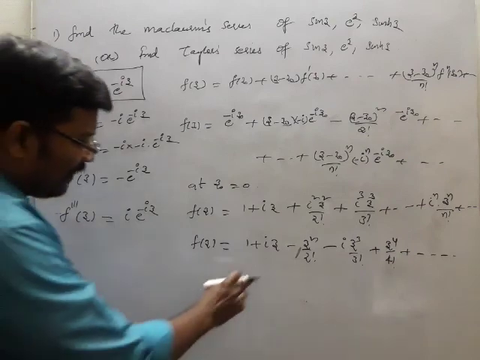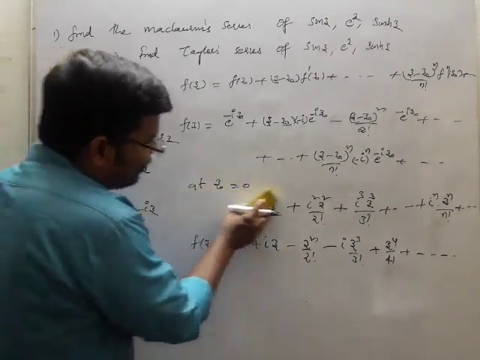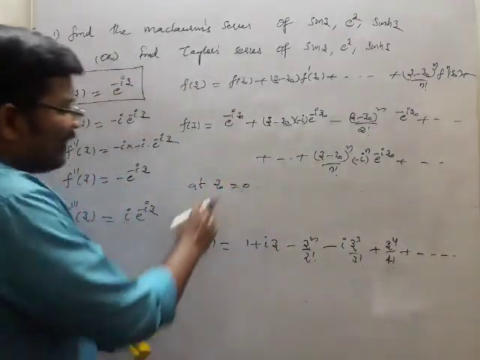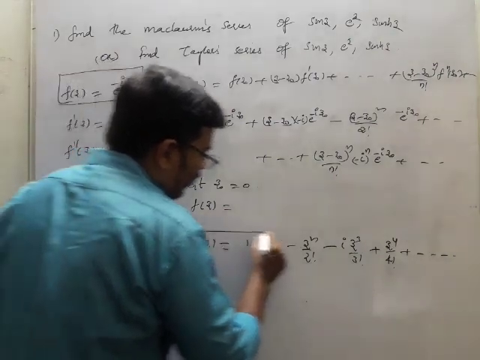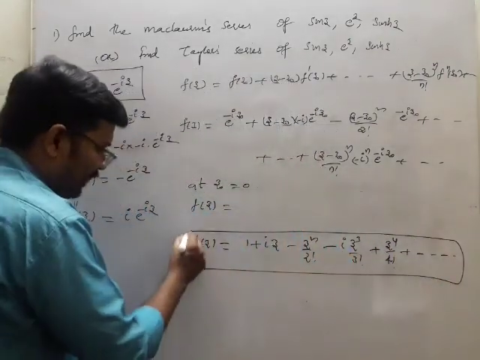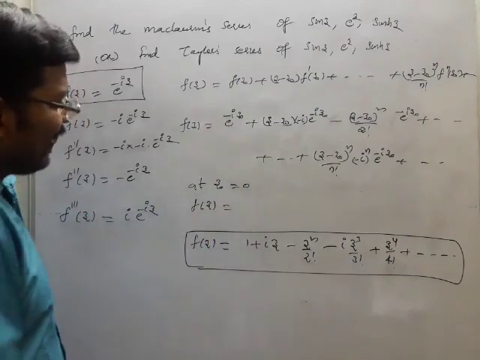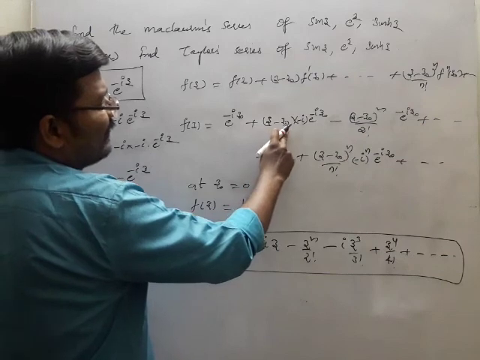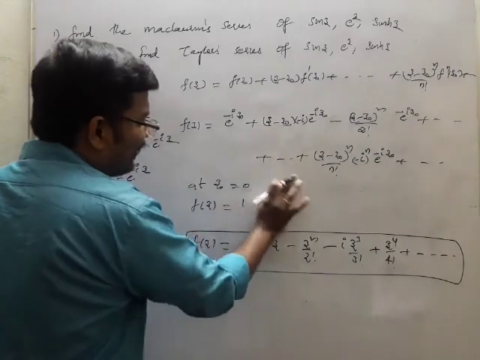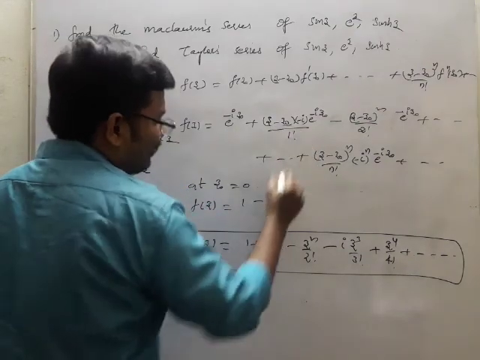Okay, so you just keep the value here as it is. Now at z naught equal to 0, what is the value you will get? If you put z naught equal to 0 here, f of z is equal to, already we got this from the previous value, which I have kept here. Now we are going to find this value at z naught equal to 0. This is 1 plus, now z minus z naught, so I may write here minus z by 1 factorial, directly writing 1 factorial.